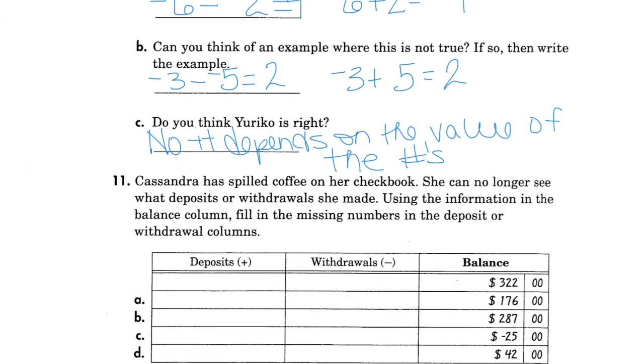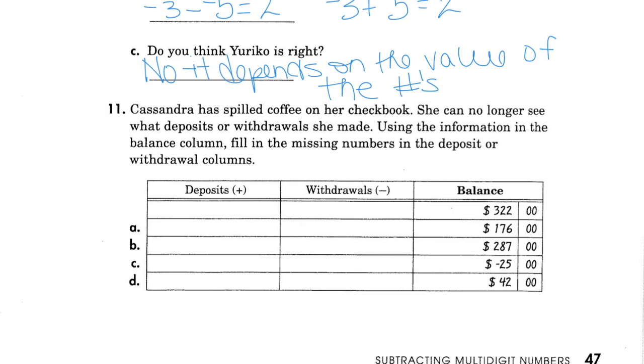Now, when you come down here, you have to remember deposits are positive numbers. Withdrawals are negative numbers. So if I'm going from 322 to 176, that's a smaller number. That means it's a negative. If I'm going from 176 to 280, that's a positive. Okay.